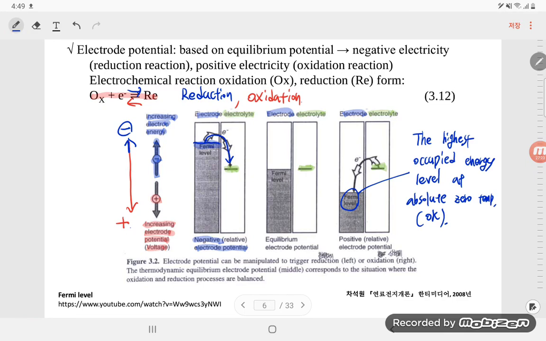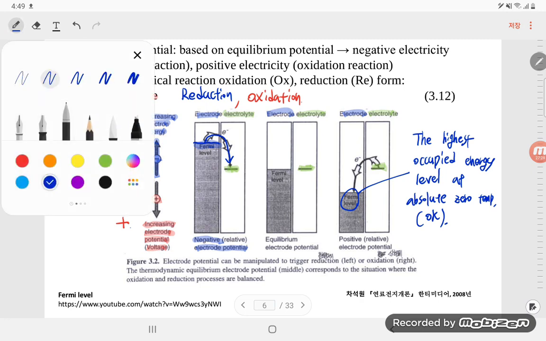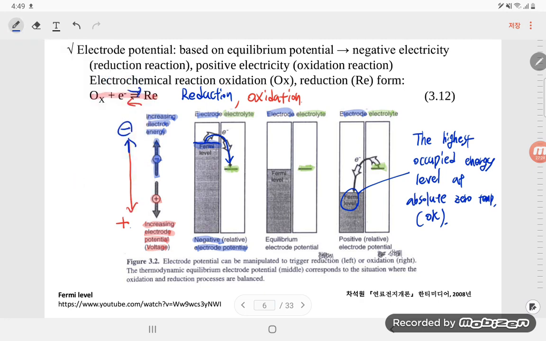And how can you call this reaction? The chemical species obtain the electron, right? Through this reaction the electron is consumed, so we can call it a reduction. In this case, the reduction reaction happens. And this is the equilibrium: the forward reaction and reverse reaction have the same rate, so it can maintain its state.